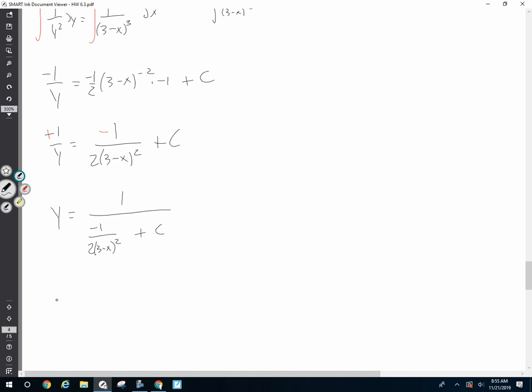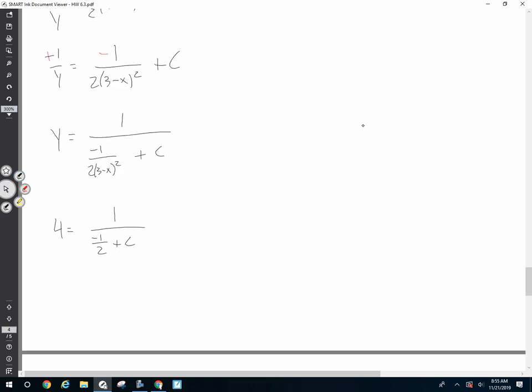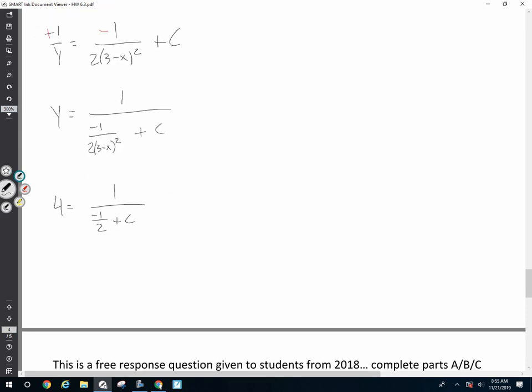I have the point (2, 4)... 1 over, negative 1 over 2 times, this is 3 minus x, so that's going to be just 1. Reciprocal of both sides, I have more space. 1/4 equals negative 1/2 plus c. Add a half. 2/4 plus 1/4 is 3/4.